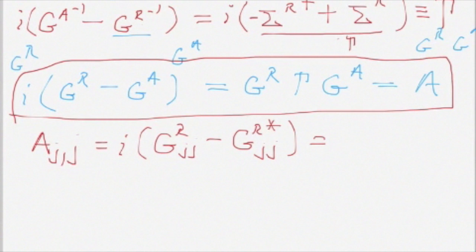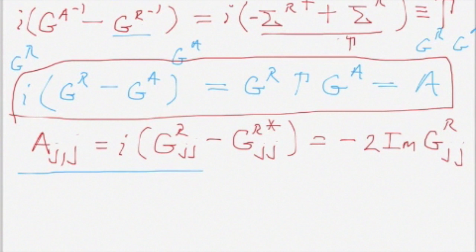And that's equal to -2 imaginary G^R_JJ. So this is another expression that you see all the time. The spectral function is just given by -2 imaginary diagonal elements of the Green function.